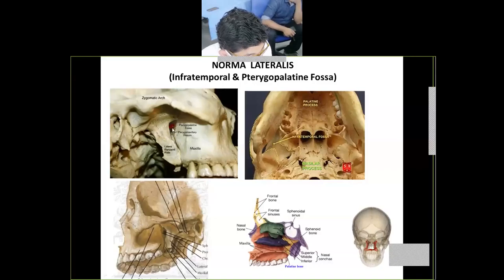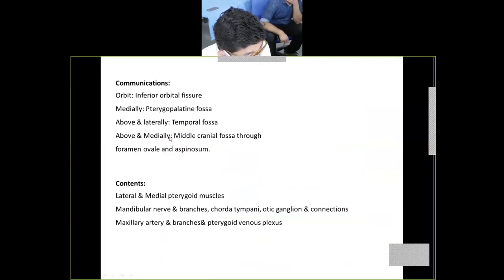That is known as the pterygopalatine fossa. So the inferior orbital fissure, if you go inside, you'll find it is communicating with this area. Then if you go from here, you'll find this is the pterygopalatine fossa to which it is communicating.